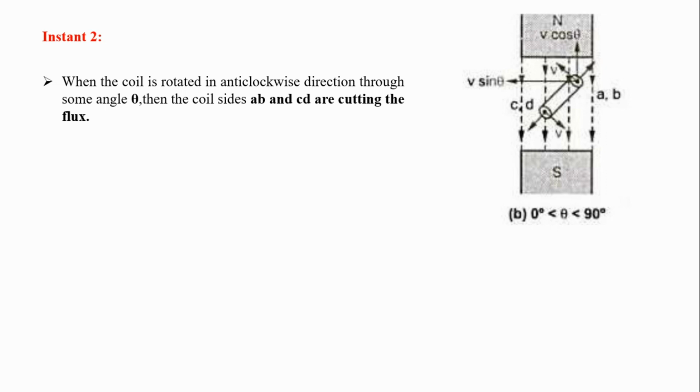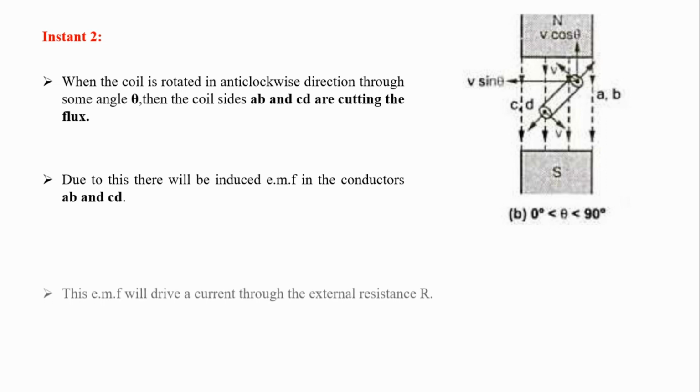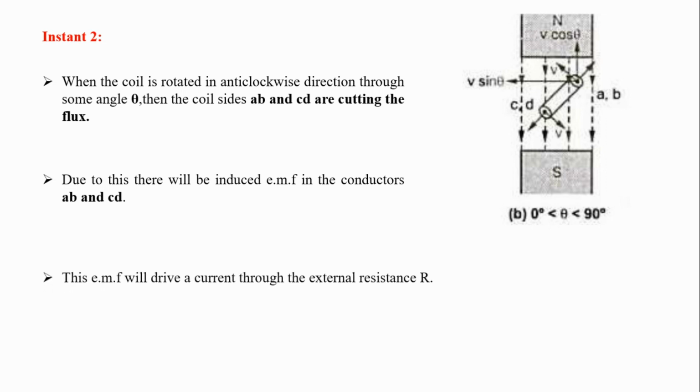In the previous case, theta is equal to 0 degree. Now, theta is greater than 0 degree, let it be 30 degree. So there will be some induced EMF in the conductors AB and CD because some of the flux is cut by the coil. This EMF will drive a current through the external resistance R.